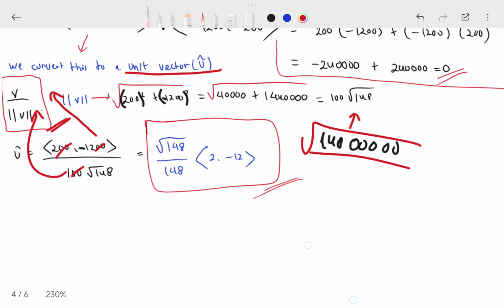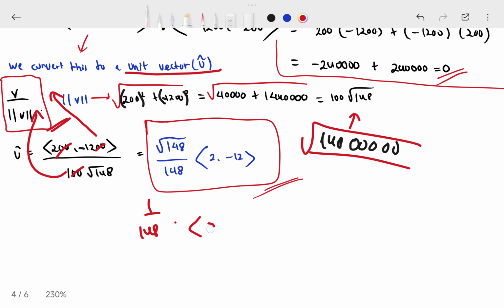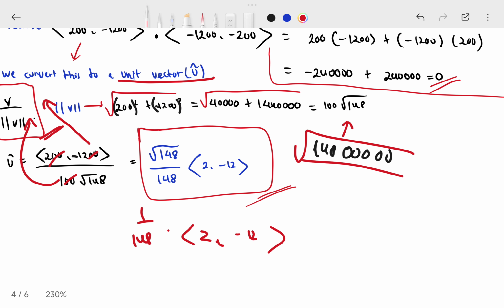So we are only left with 1 over the square root of 148 times (2, minus 12), because we divided both by 100, so the zeros disappear.